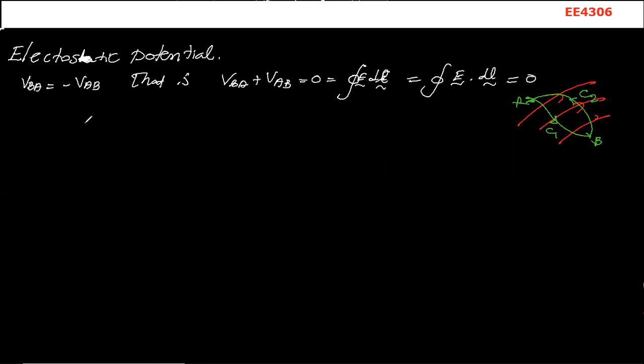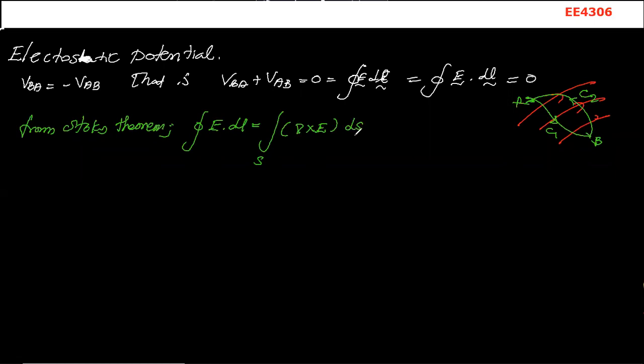Therefore, I can write down from Stokes theorem, you can check your lecture note, what does this mean? You can write down the line integration of E into dl equals, from Stokes theorem, curl E into ds.